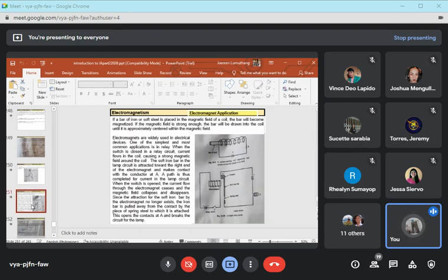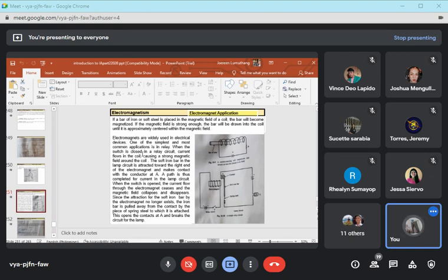Okay, electromagnet application. So here, electromagnetism, focusing on the electromagnet application. So I want you to read the statement there, and then please tell me something about the figure based on how you understand now the statement. Okay? I'm going to call anyone who would like to volunteer.